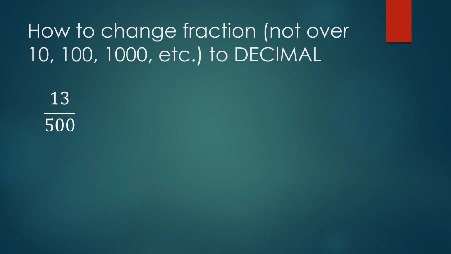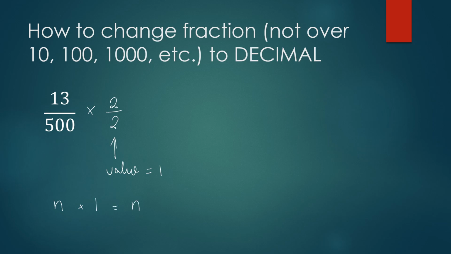Now let's do 13 over 500, or 13 500ths. What number shall we multiply with 500 so that we can make it a power of 10? We can multiply it by 2. So the fraction that we're going to use is 2 over 2. Again, we know that the value of this fraction is equal to 1. So any number times 1 is equal to the same number.